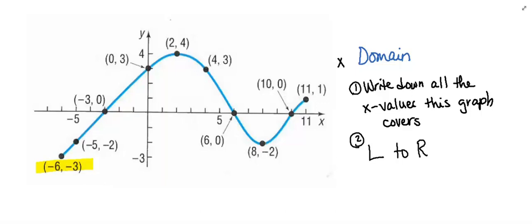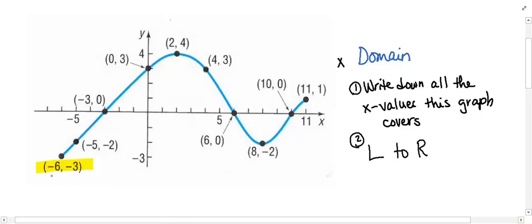Since this is domain, you're dealing with x values, so you're going to write down the x value. The x value there is -6. This is telling us that this graph starts at x equals -6. Then you travel to the right. There aren't any gaps, and we get to the rightmost point.